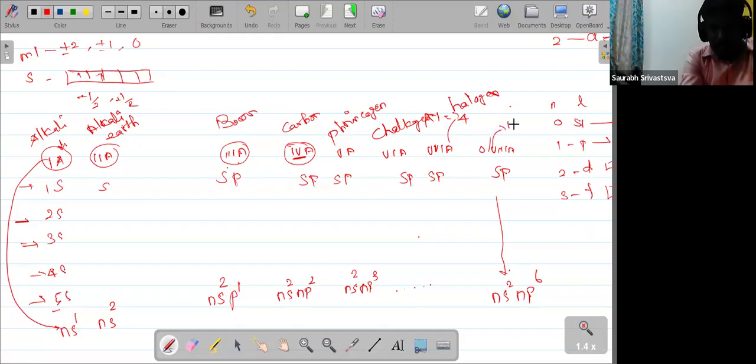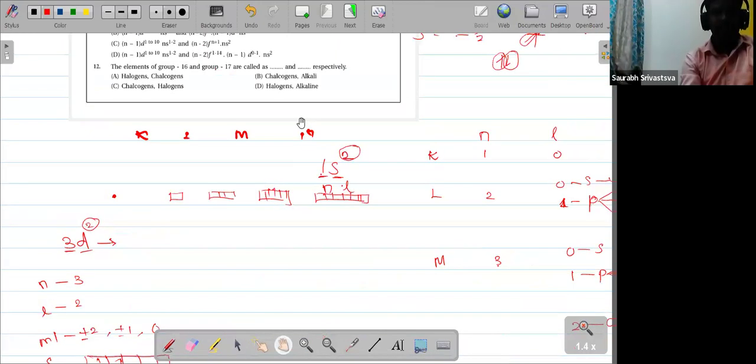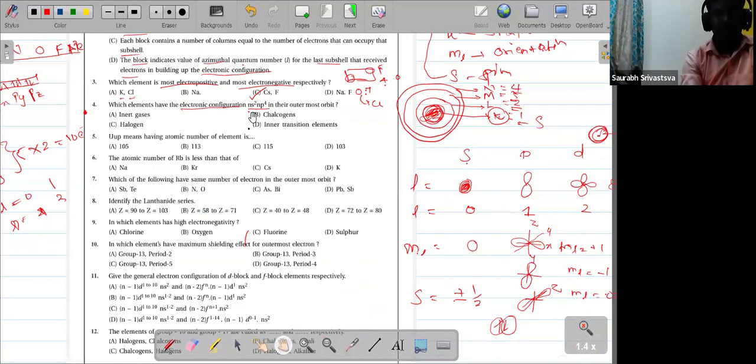Here the inert or noble gases. So here they have given ns2 np4. The first option is inert gas. Second, chalcogen. Third one, halogen. And the fourth one they have given is inner transition element. Inner transition element is nothing but the f block.